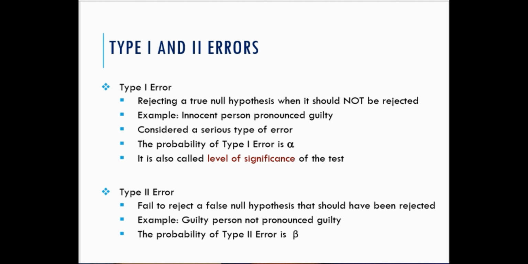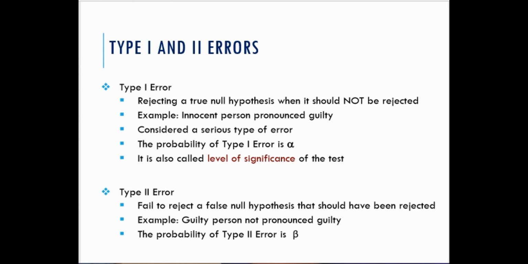There are two kinds of errors that you might commit when you do hypothesis testing. The first type of error is known as type 1 error. This is rejecting a true null hypothesis when it should not be rejected. So, in the case of a person being innocent till proven guilty, suppose you actually take an innocent person and pronounce them guilty.